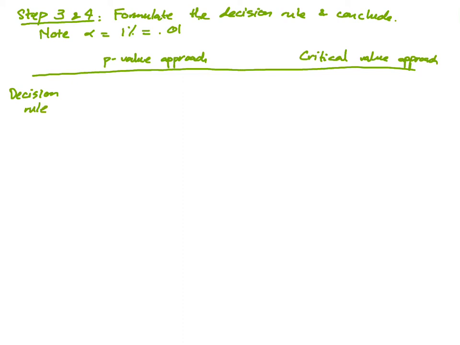Remember that the decision rule for the p-value approach is that we reject the null if the p-value is less than alpha.